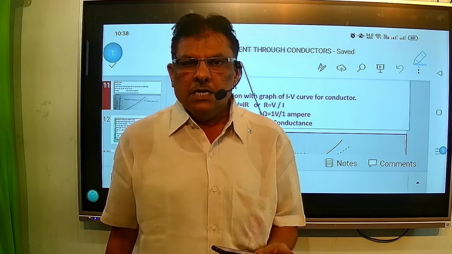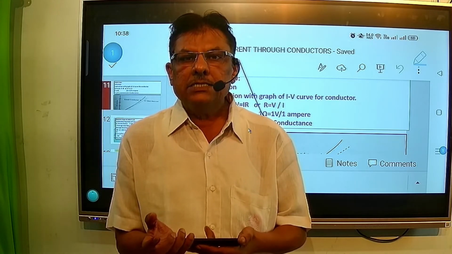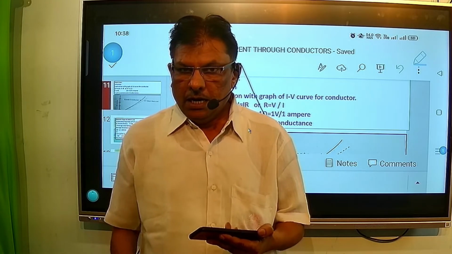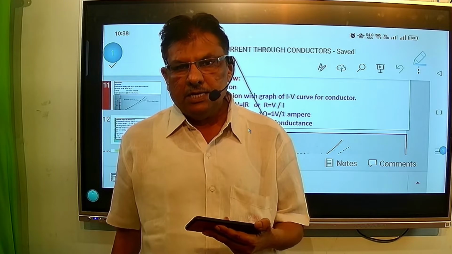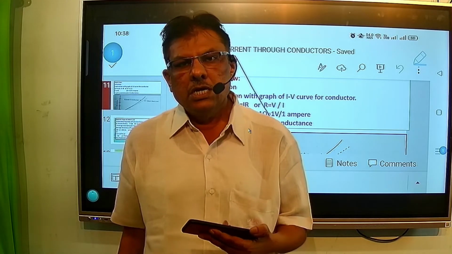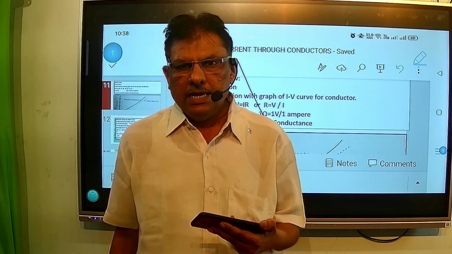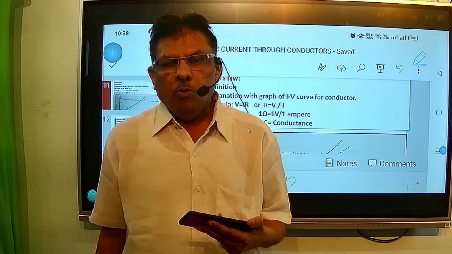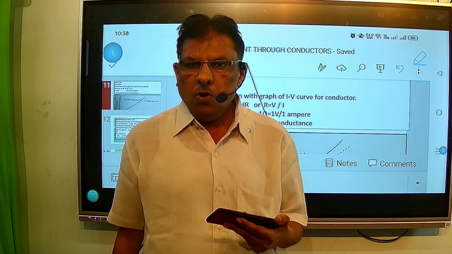Now, this potential difference and the current flowing through the conductor, he has given the relation that potential difference is directly proportional to the current flowing through the conductor. He then explained the definition of Ohm's law.